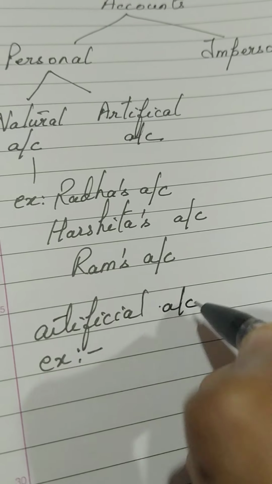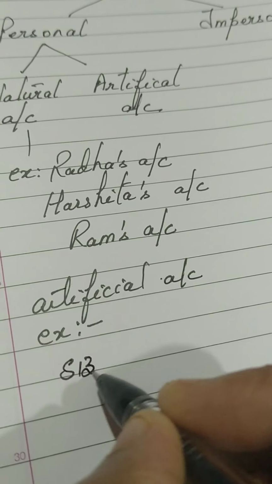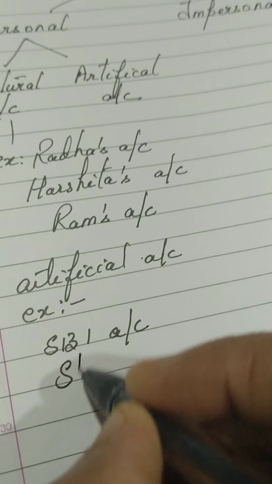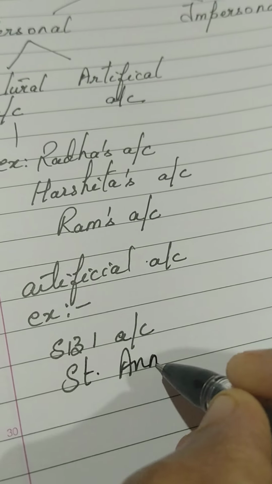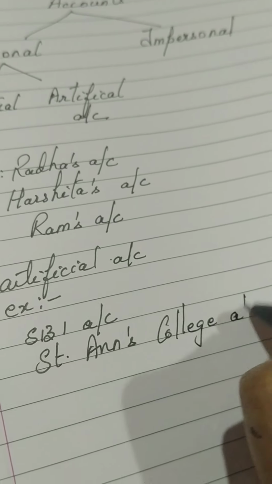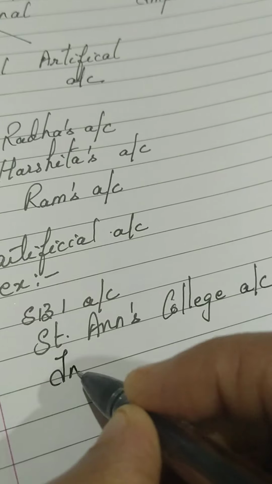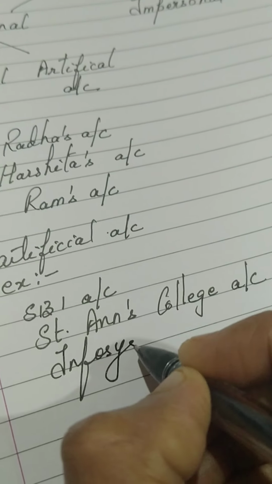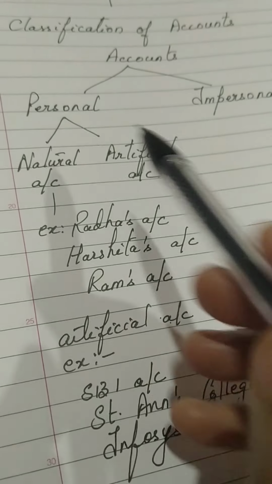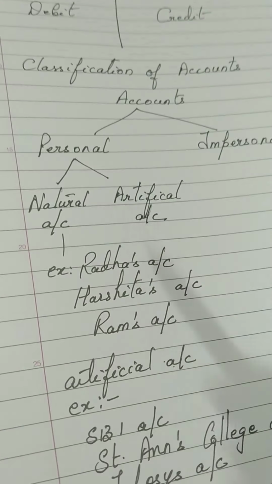Artificial accounts are like SBI account, State Bank of India account, or St. Anne's College account, or Infosys account. Names of different organizations come under artificial account in the personal account category.